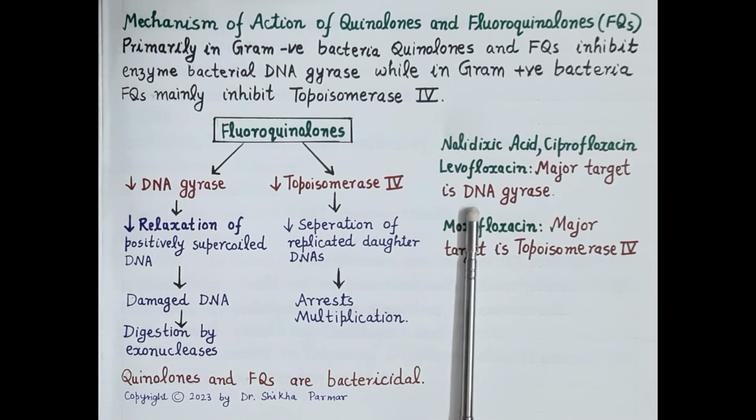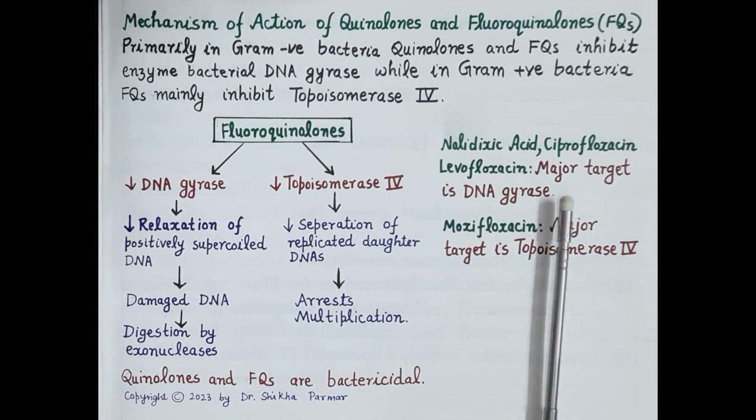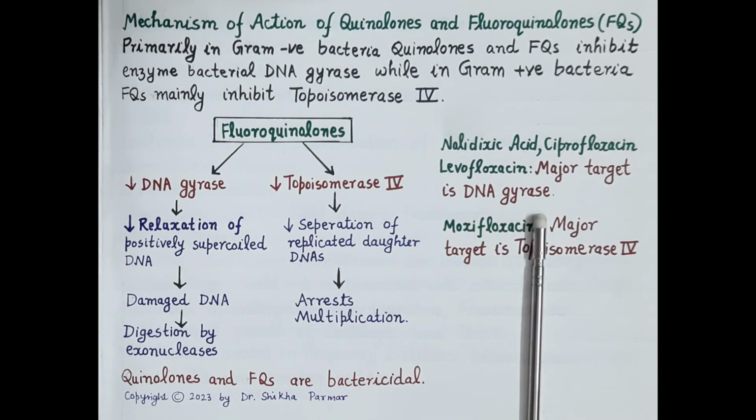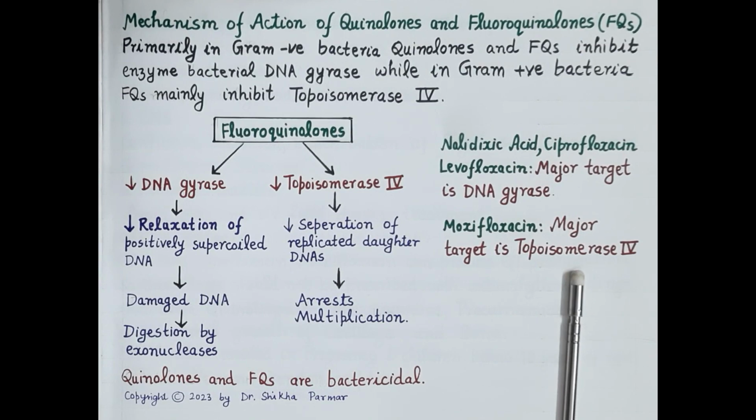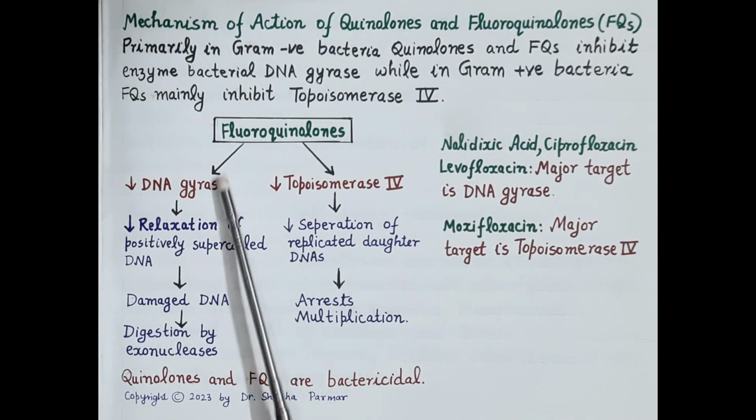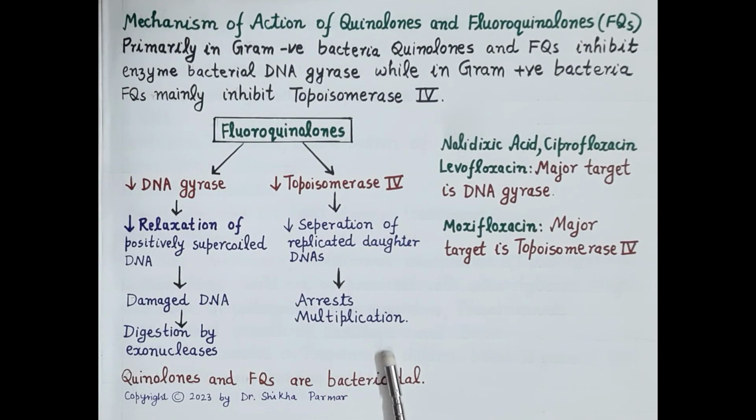Now, the major target of nalidixic acid, ciprofloxacin and levofloxacin is DNA gyrase, while moxifloxacin has very good activity against gram-positive bacteria and mainly targets topoisomerase 4. So, this is the mechanism of action of fluoroquinolones and quinolones.